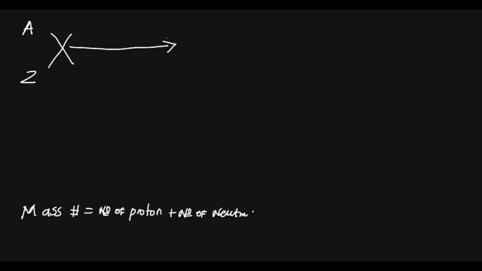You need to know that there are some changes, and those changes will make this X produce a new element Y. We'll say Y with this mass number of A and Z, then plus here we need to indicate the notation. If it's alpha, we use the notation for the helium atom, where the mass number is 4 and the atomic number is 2. But for beta, we use this e with 0 and the minus here.